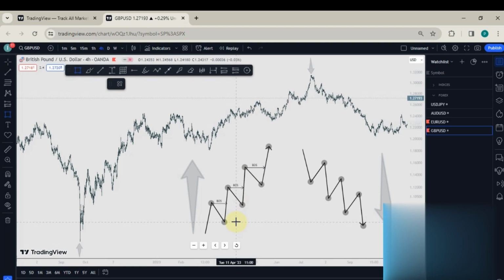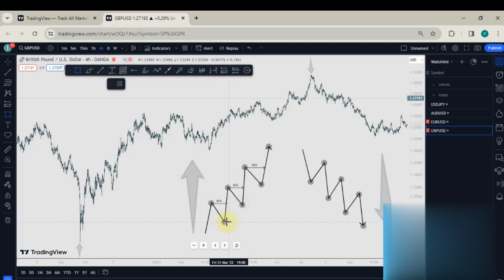Wherever the market is in an uptrend, whenever the market creates a higher low in an uptrend, that higher low will be used as our future demand level.